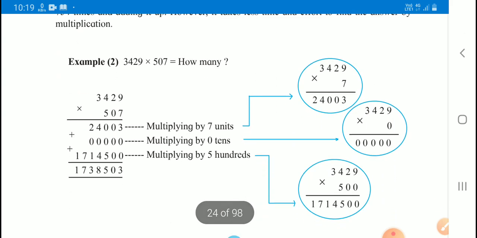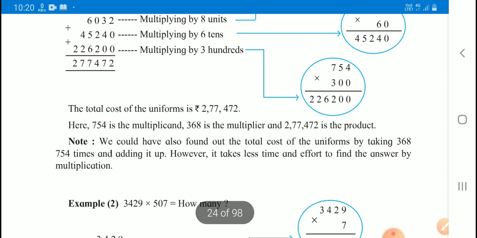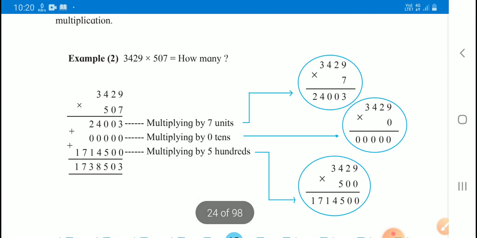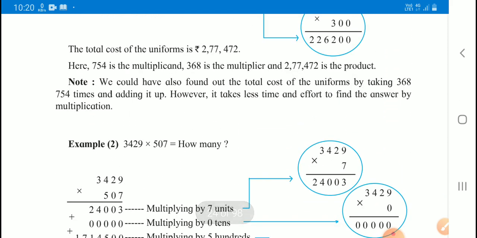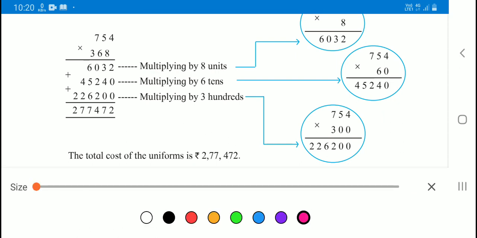Now here in the first example, we multiplied a 3-digit number by a 3-digit number. Again one more example we will see here for multiplication of a 3-digit number by a 3-digit number.